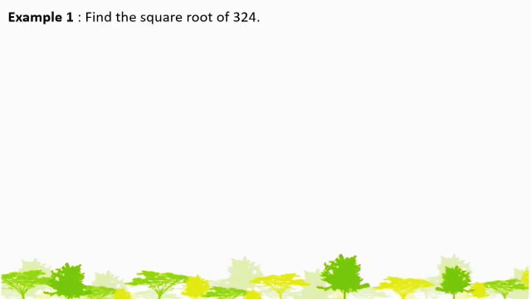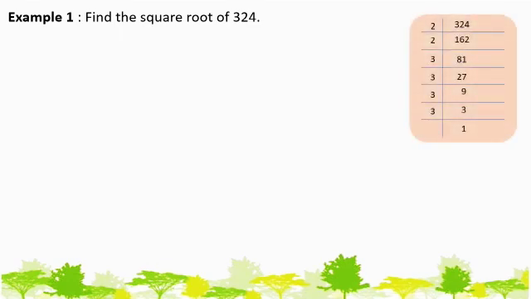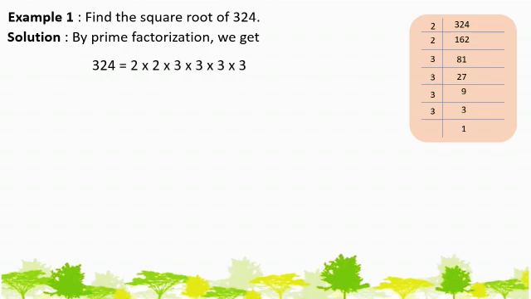Example number 1. Find the square root of 324. First of all, we find all the prime factors of 324. 324 is equal to 2 into 2 into 3 into 3 into 3 into 3.